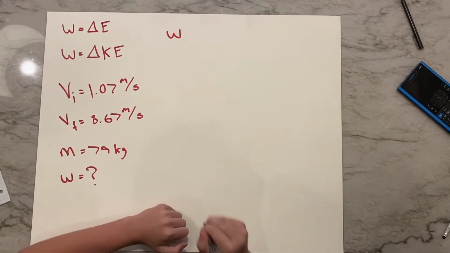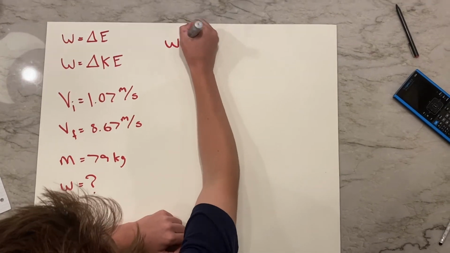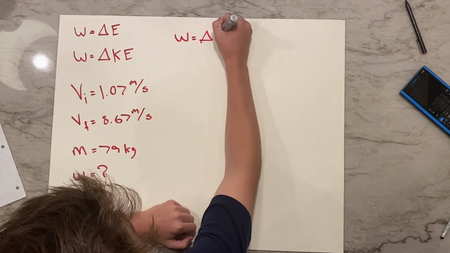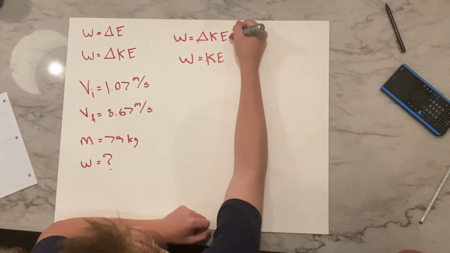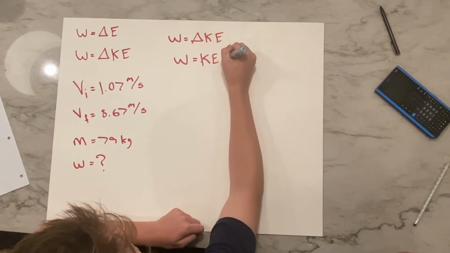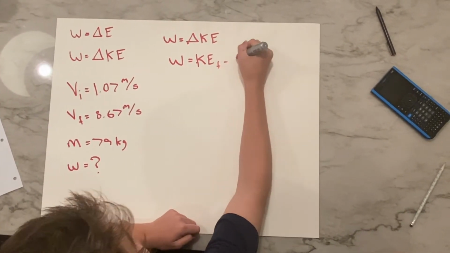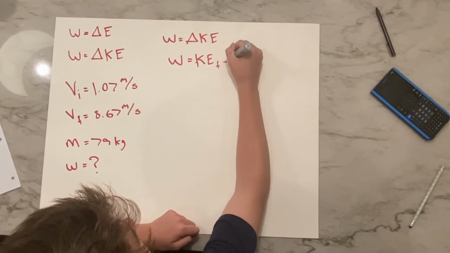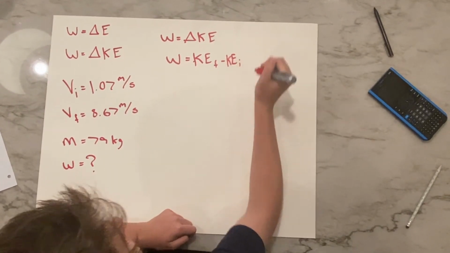The equation we're going to be using is work equals change in kinetic energy. This is equivalent to writing kinetic energy final minus kinetic energy initial.